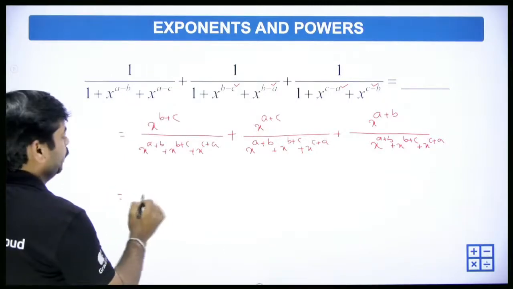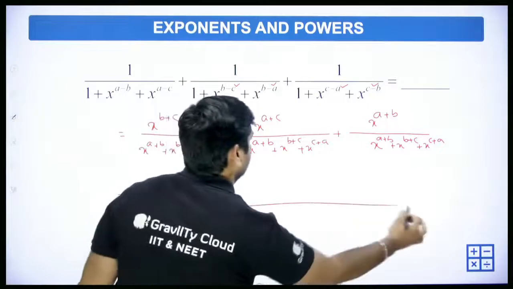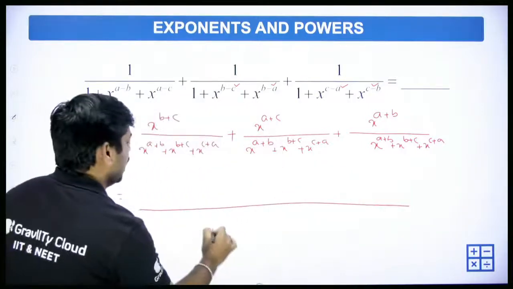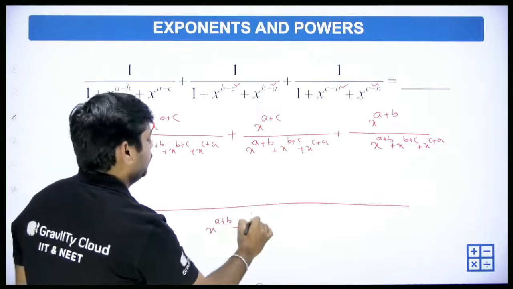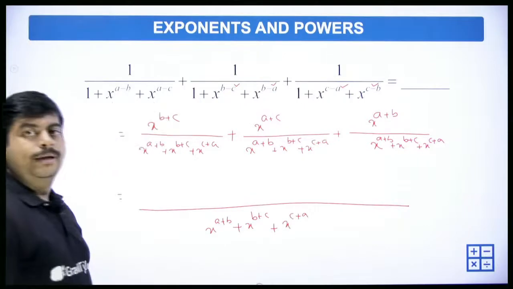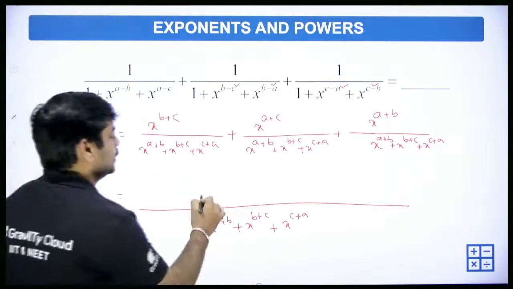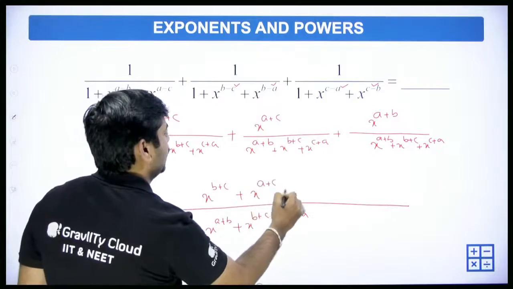So now if you take the LCM properly, with the same LCM, x power a plus b plus x power b plus c plus x power c plus a, the numerator you have is x power b plus c plus x power a plus c plus x power a plus b.